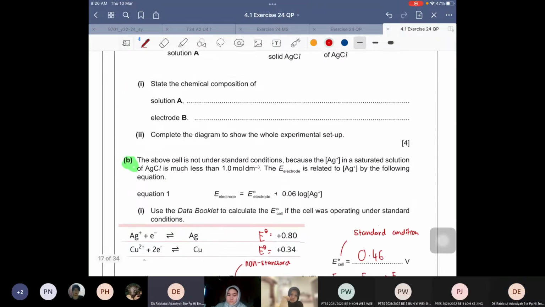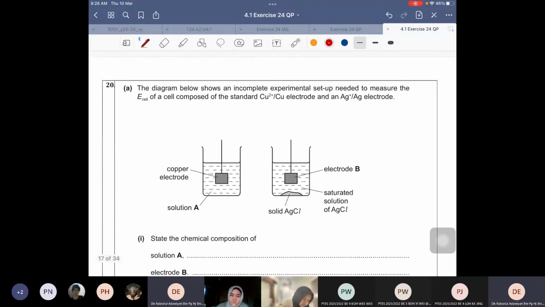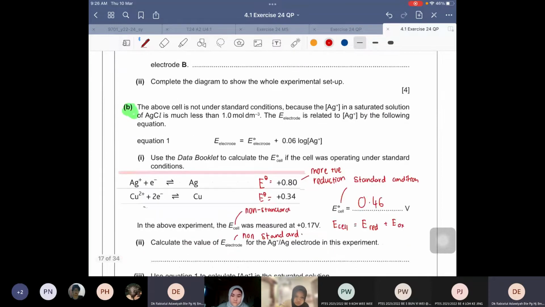Based on this number, we can see that the Ag+/Ag half cell is more positive, so this is where reduction is happening. Is it mentioned here? Not mentioned. And the copper, 0.34, is where the oxidation is happening because it is the negative terminal.